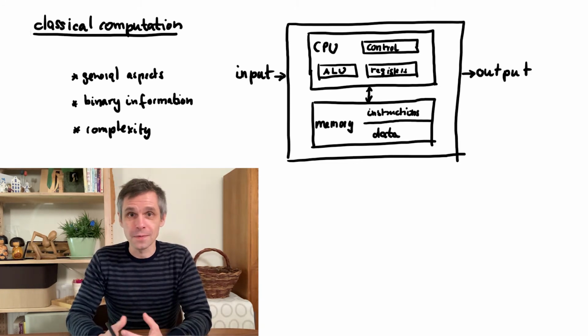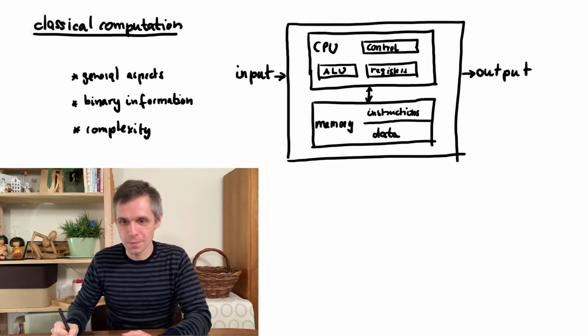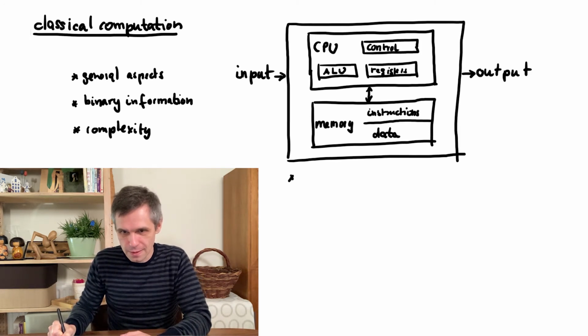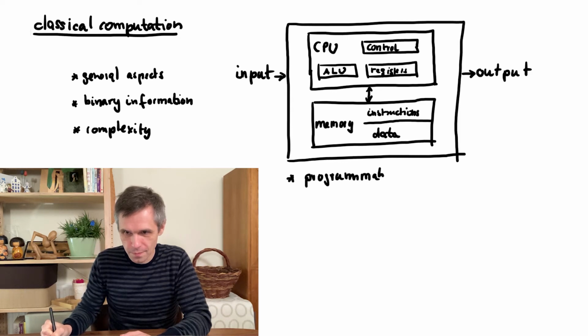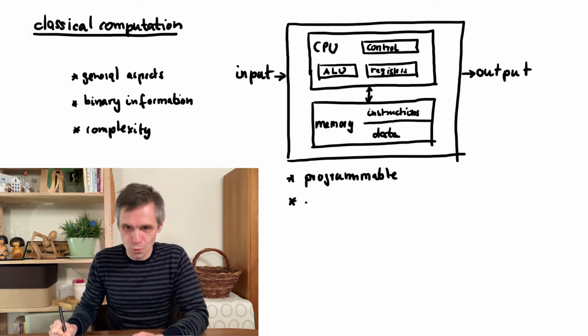Now, the strength of this architecture is that it is very flexible. It can be used to solve very general types of problems. And in particular, this is because these computers are programmable. And they also use a very universal paradigm to represent the input and output information, namely as digital information.